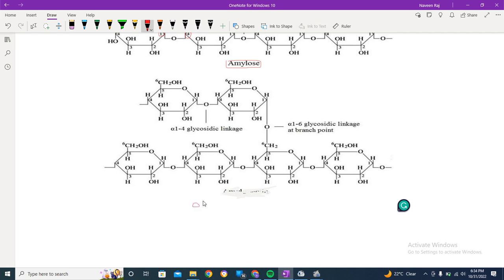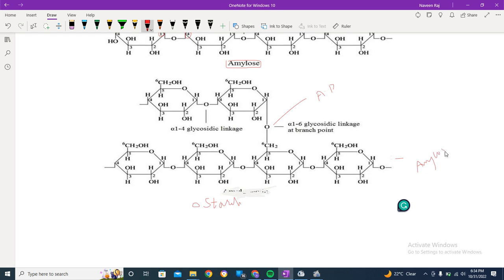This bond formed is called amylopectin, AP I'm writing, and this linear one is amylose.